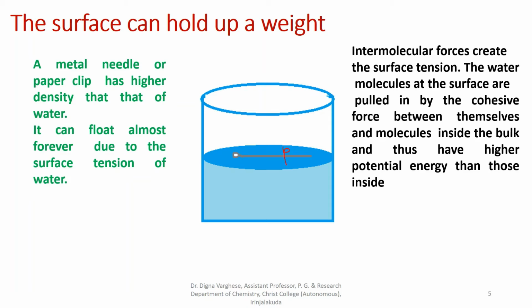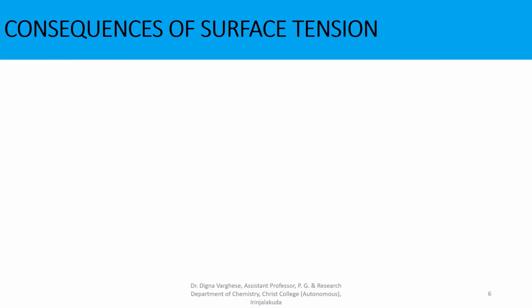Here potential energy is more, here kinetic energy. Okay, so this surface energy or surface tension holds the metal needle floating. Now we are moving to the next topic, some clearly observable consequences of surface tension.